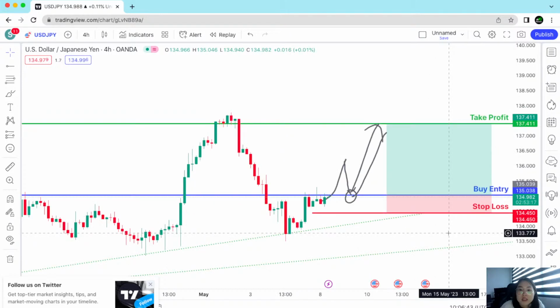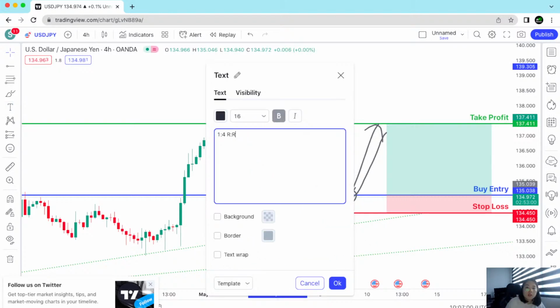This is kind of like a 1 to 4 kind of setup, risking 1% to make 4%. Very good risk to reward.